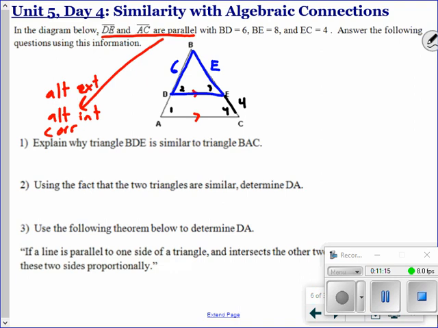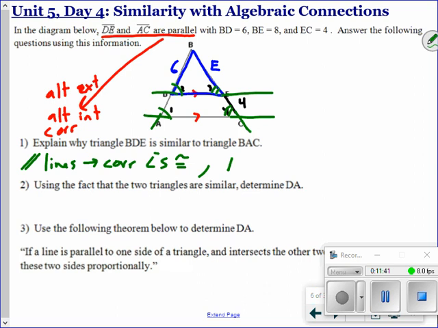If I know that these two are parallel, then 1 and 2 are in the same position. They're both top right. And then 3 and 4 are in the same position from a different transversal. They're both top left. So if I have parallel lines, then corresponding angles are congruent, which would lead me to angle-angle similarity because we have two sets of congruent angles.